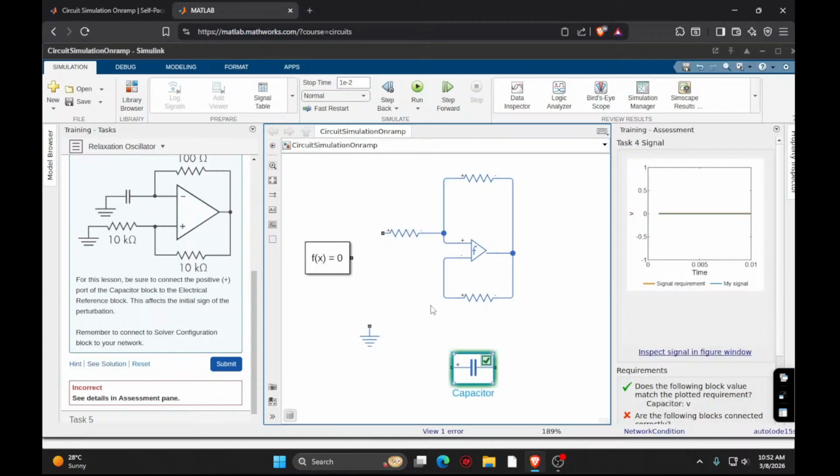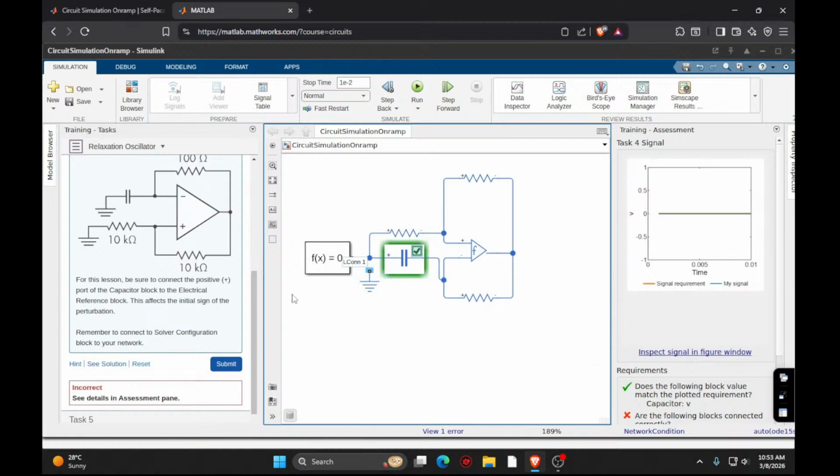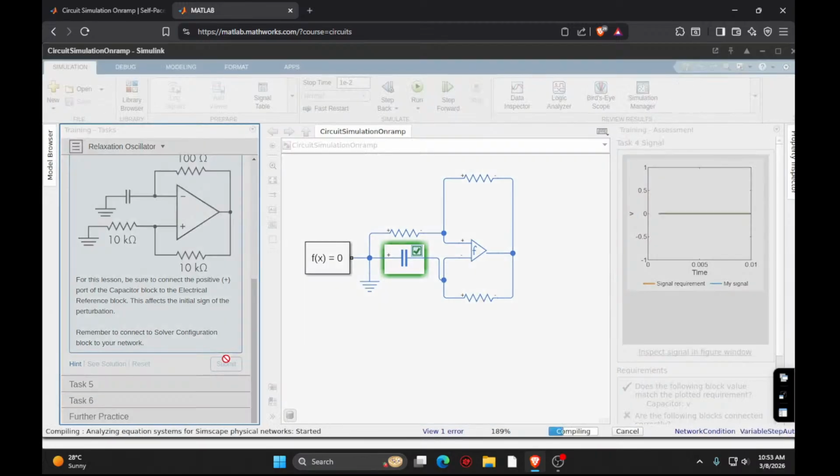Inverting, non-inverting. That is perfect.